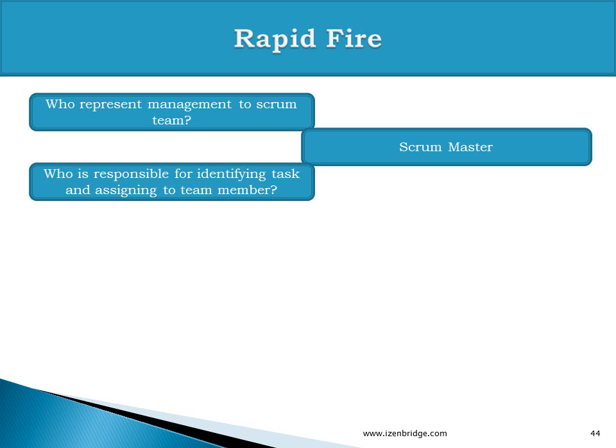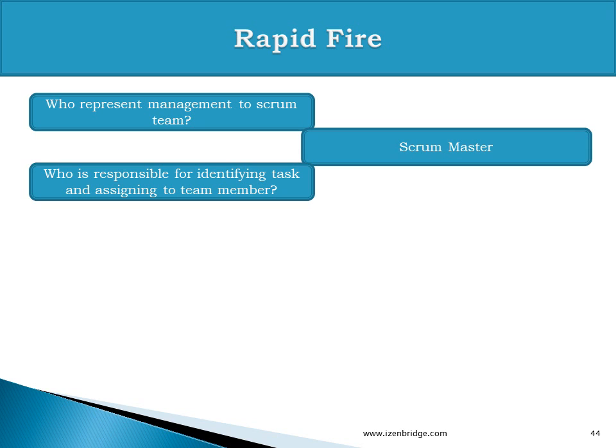Who is responsible for identifying tasks and assigning them to team members? For example, you have one story that has been divided into various tasks. Who is responsible for allocating those tasks to the team members?